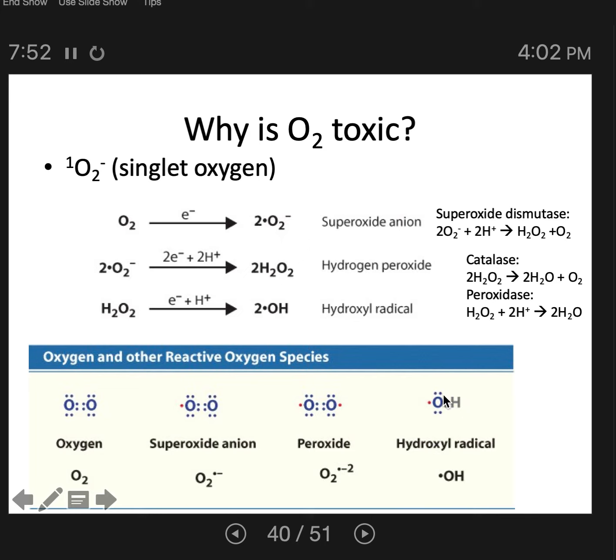So there are organisms out there that don't have these. Any organism that's adapted to living in the presence of oxygen has to have these enzymes to neutralize the reactive oxygen species that are always going to be there when oxygen mixes with water. It's not the oxygen by itself that's toxic, it's what it breaks down into when it's in water that's toxic. So any organism that is accustomed to living in the presence of oxygen, whether that organism lives in the water or not, oxygen is dissolved in the water.